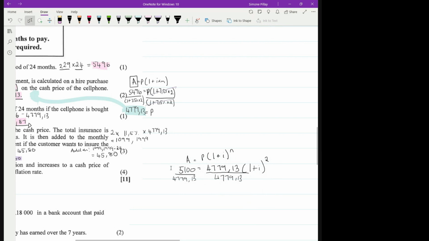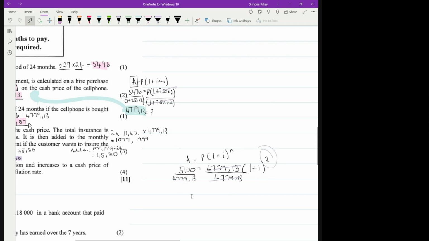Then the next thing I'm going to do is I can see this is going to cancel out, and I'm going to be left with my bracket. Immediately what I want to do with my bracket is remove this exponent on the outside. So I am going to square root it.